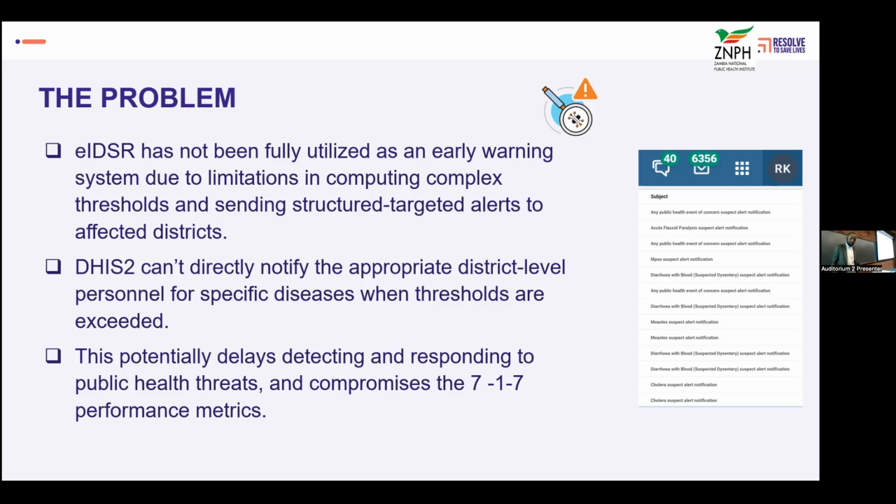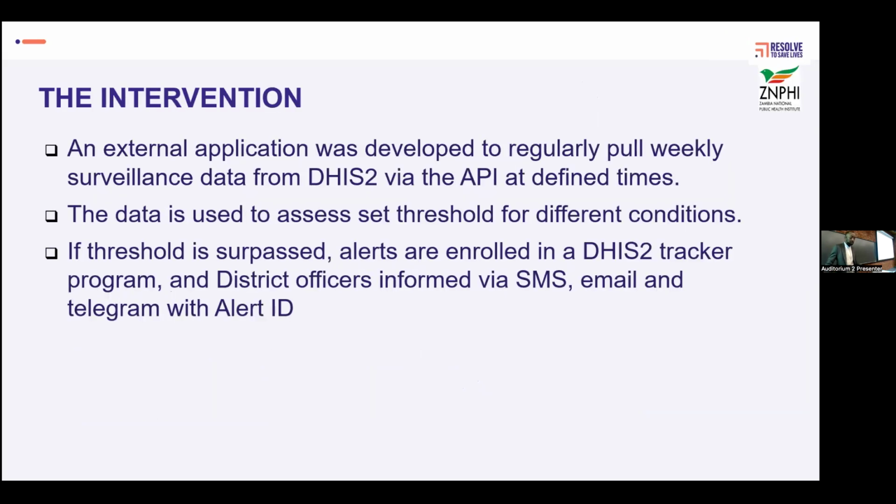So what did we do about this? We developed an external application that regularly pulls weekly surveillance data from DHIS2 via the DHIS2 API at defined intervals. This program performs threshold analysis to determine whether a threshold for a particular disease has been surpassed.